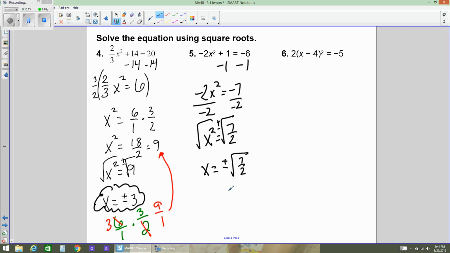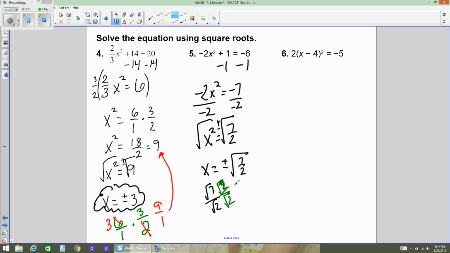Okay, if you can get that far, you have shown that you have the understanding of how to solve a square root problem. But remember, we're not done because of the square root in the denominator, because this is really the square root of 7 over the square root of 2, which is not allowed. So I'm going to go ahead and multiply that by the square root of 2 over the square root of 2. Believe it or not, that's a 2.